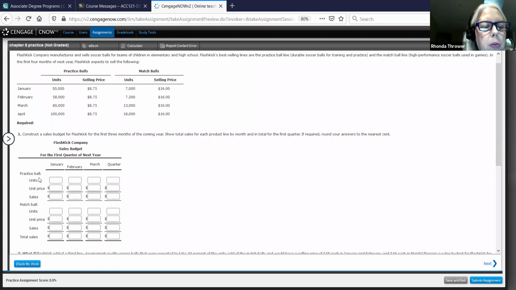All right, so in this problem, we're going to start with our practice balls and our sales budget. The amounts of the practice balls are just listed for the months January, February, March, straight down the page. We're just doing the first 3 months there. So all you have to do is write in the amount of the practice balls for each month.